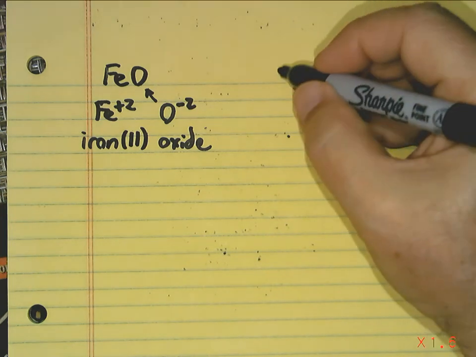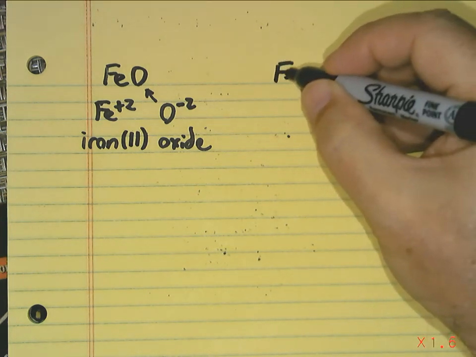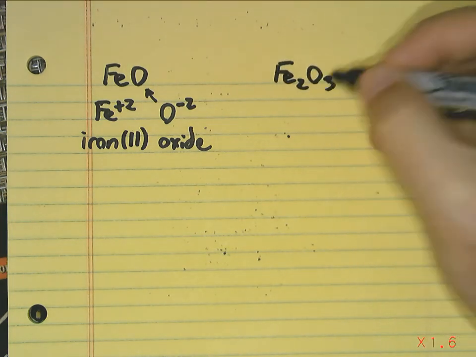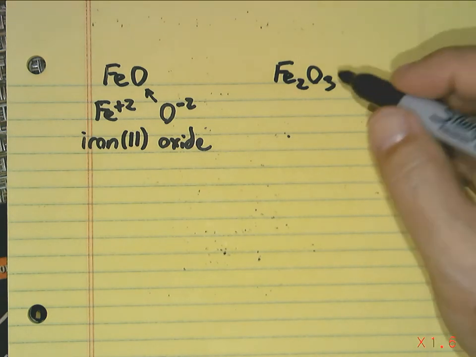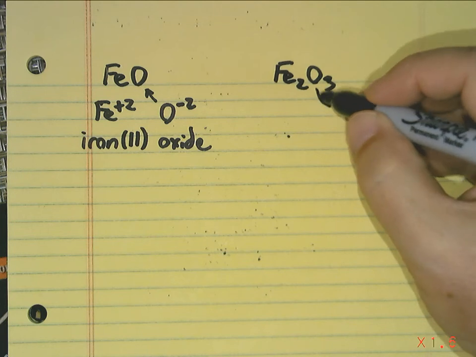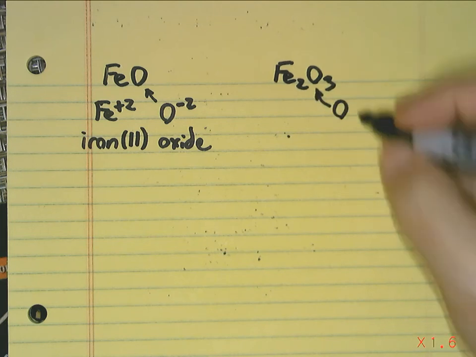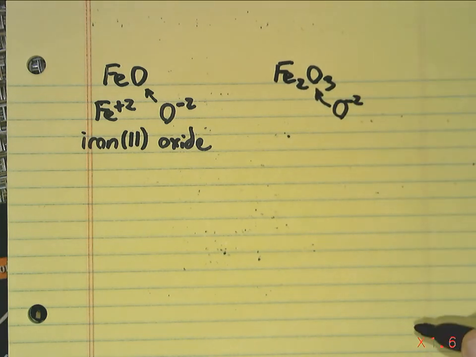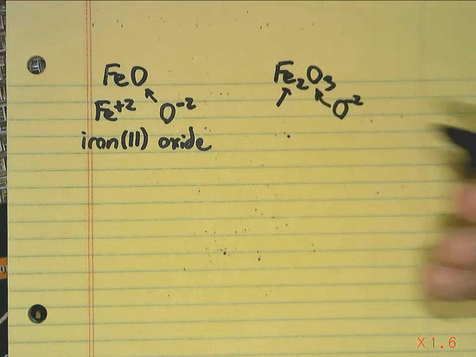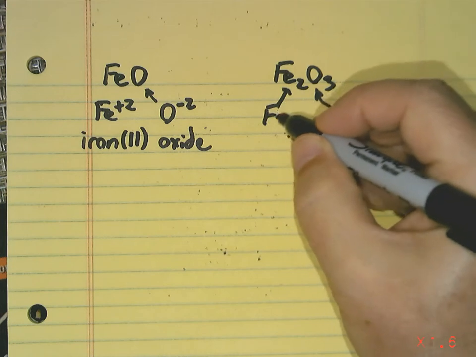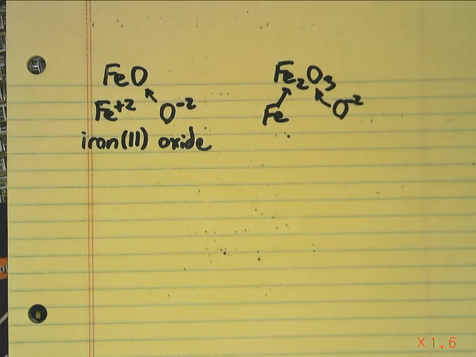Now there's another iron oxide that looks like this. What have you got here? You've got an oxide. You've got 3 oxide ions in there. And you also have 2. Can you figure out what the charge on the iron is going to be there?